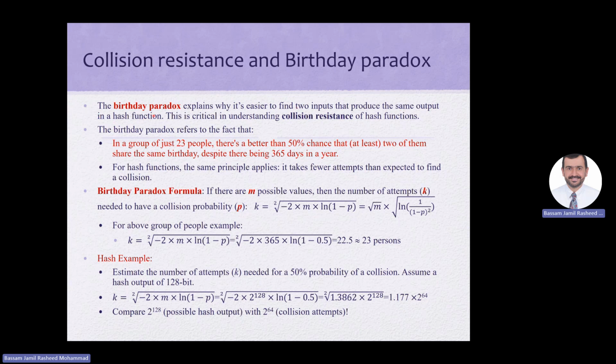It is illustrated with this very famous case here. Despite the fact that I have 365 days, it takes 23 people, 23 trials, to find two people with the same birthday at a probability of 50%.